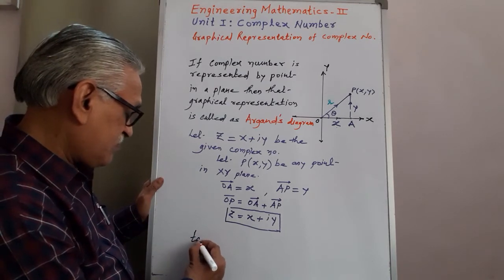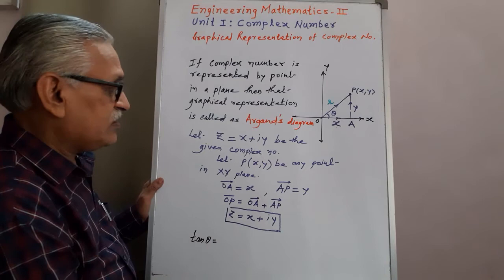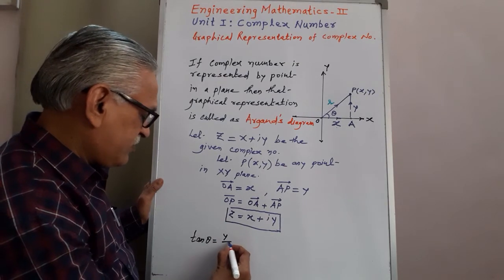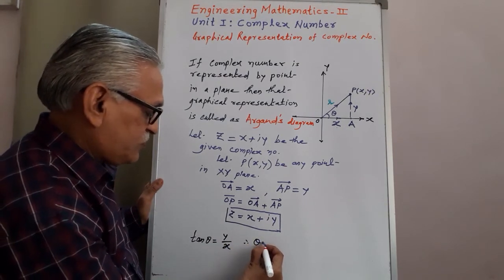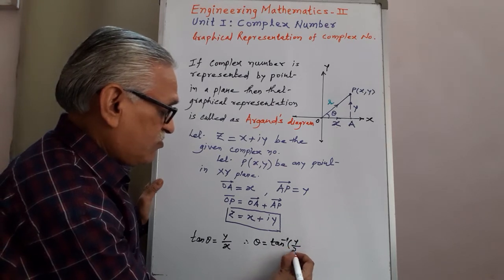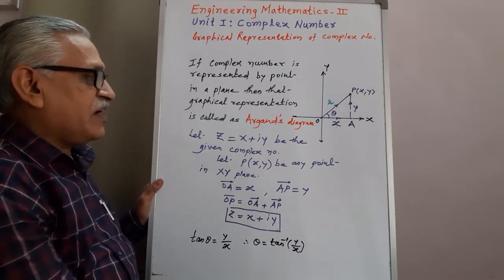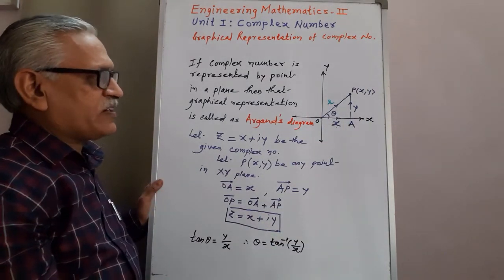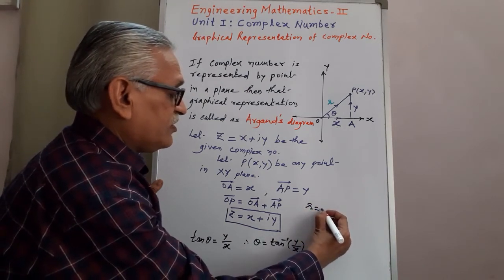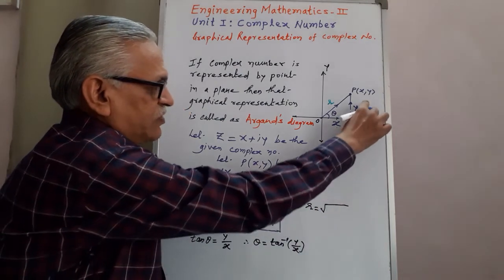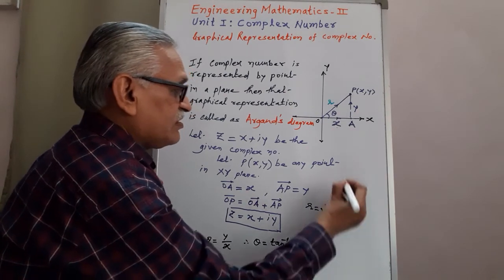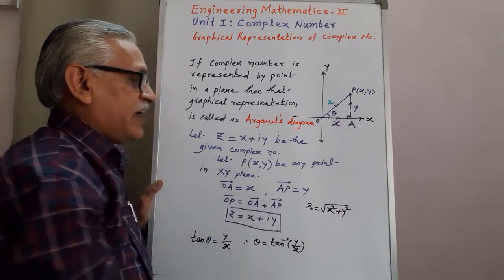Tan theta is equal to opposite side by adjacent side, therefore it is y upon x, and therefore we get theta is equal to tan inverse of y by x, and the magnitude of that vector OP, r, is root of x square plus y square. If this is the 90-degree angle.